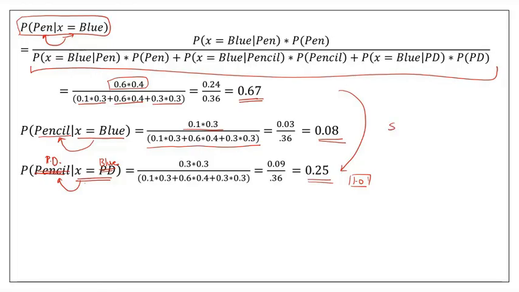Then select the max probability. So the max is 0.67. Then my decision based on this is that given the object, if it is blue, then it is likely that this is a pen. So my decision goes with pen. So I take the decision based on the posterior probability.